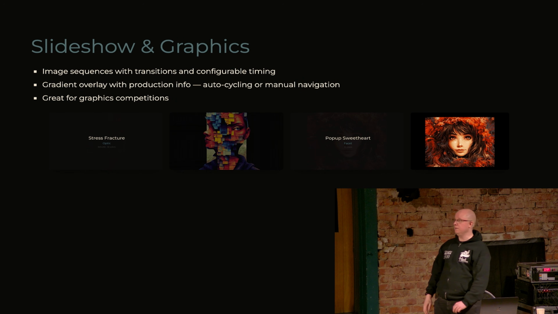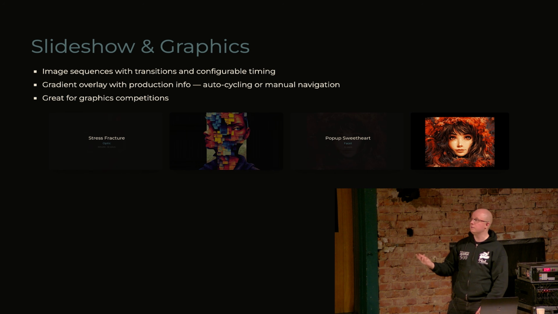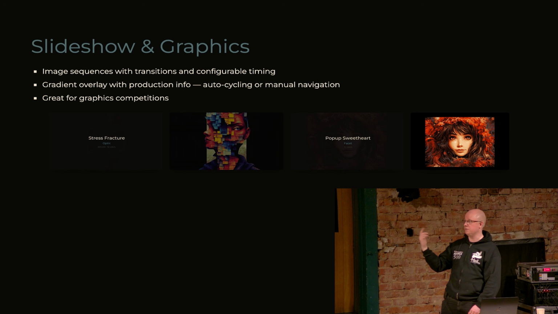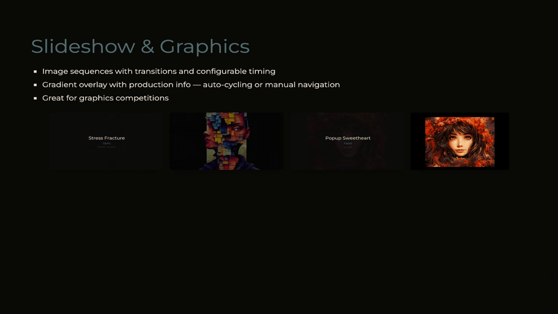Yes, of course, slideshows are important as well. When there's a competition, you should be able to just press play and see all the graphics in the competition, cycled between them. The way I've done it is that the first page states the name, the author, and also different tags, which come from the Demozoo database.